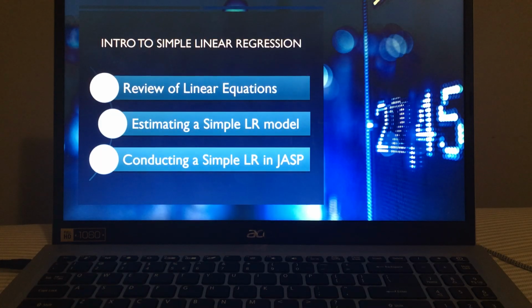Then we can write down the complete simple linear regression model at the top of page 4: y subscript i equals beta subscript 0 plus beta subscript 1 times x subscript 1 plus epsilon subscript i.